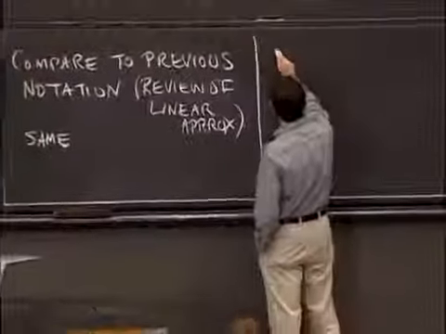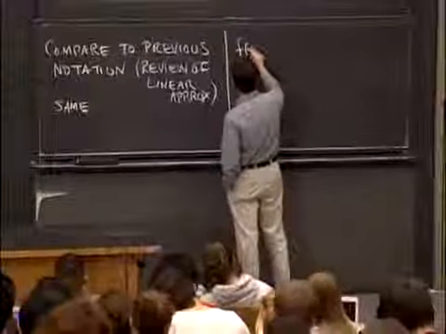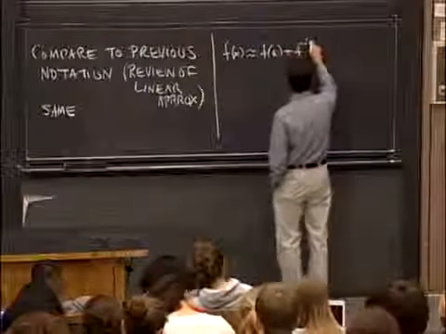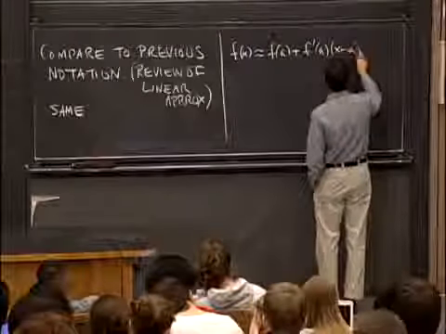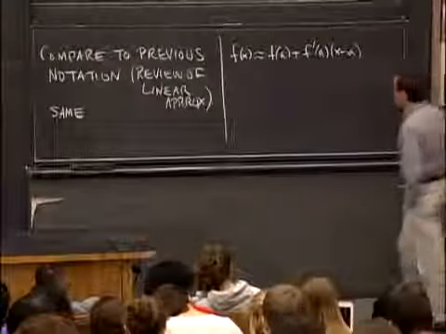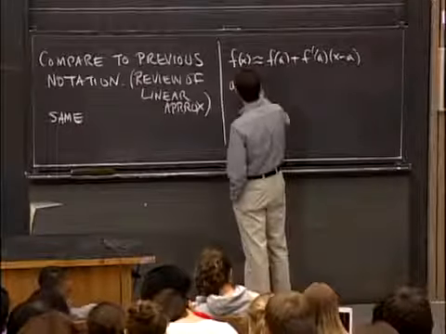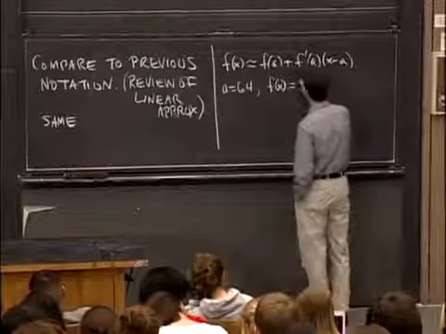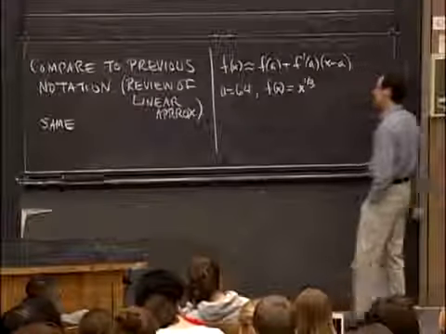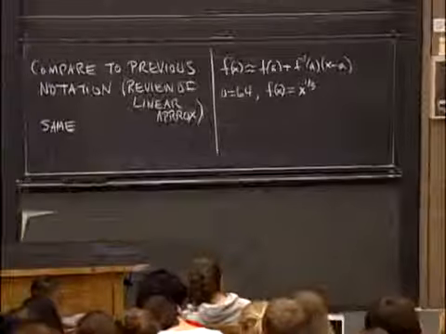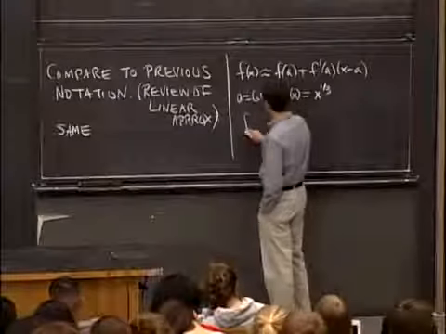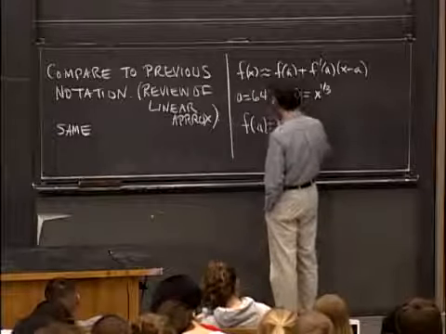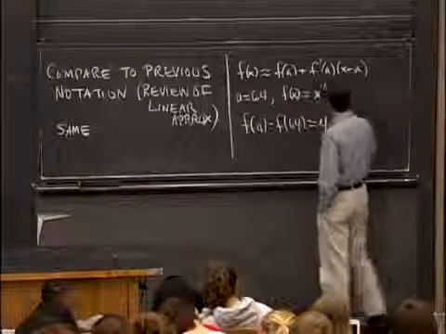I remind you, the basic formula for linear approximation is that f of x is approximately f of a plus f prime of a times x minus a. We're applying it in the situation where a is 64 and f of x is x to the 1/3. So f of a, which is f of 64, is of course 4.